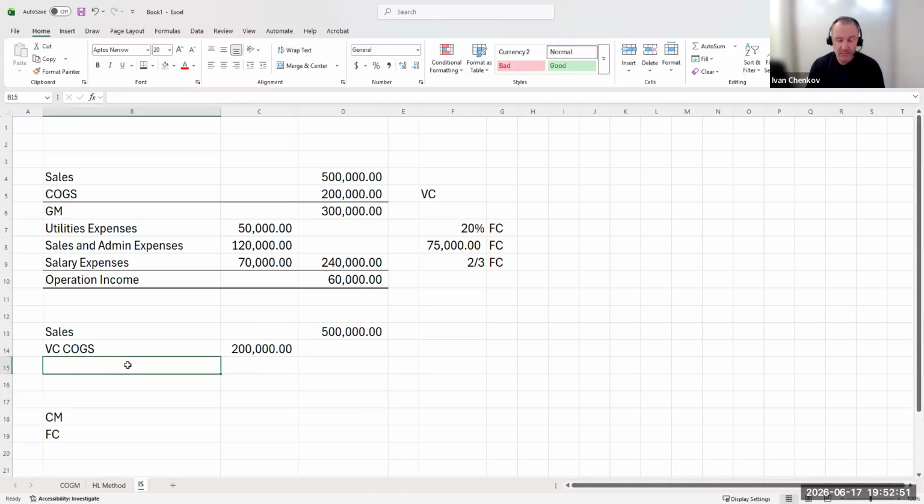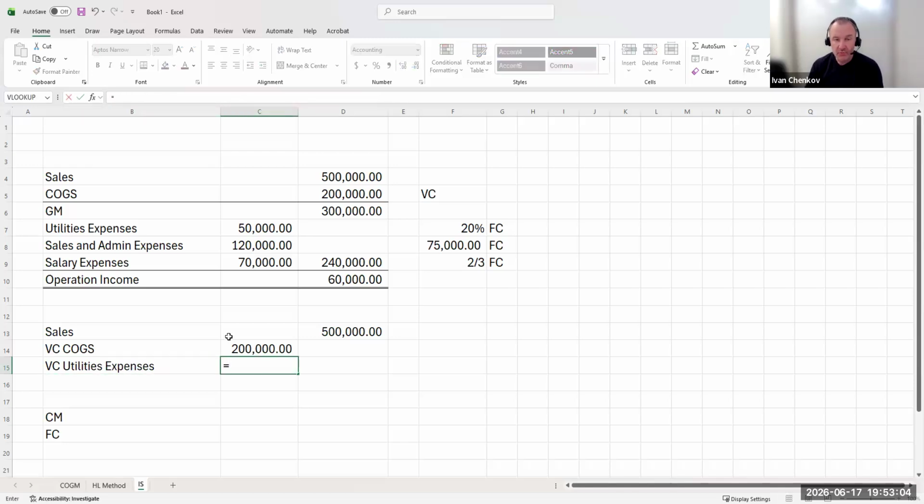Then I'm going to have the variable cost of utilities, which will be only 20% of this amount. Actually, the opposite: 80% of this amount is variable, so times 1 minus 20%.